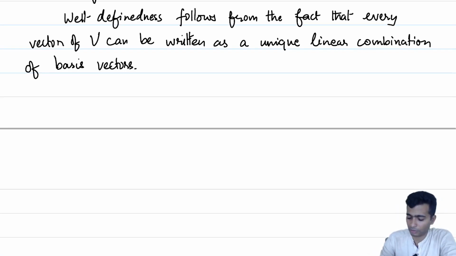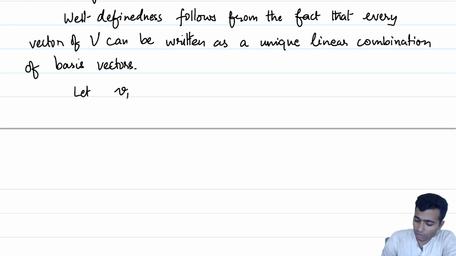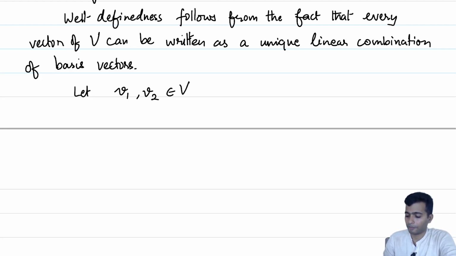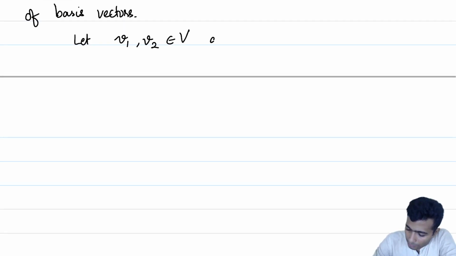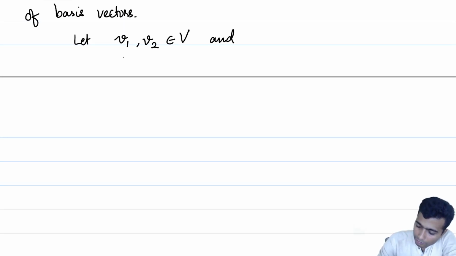So let's just quickly check that. So let V and V prime be vectors in capital V. We would like to check that T of V plus V prime is T V plus T V prime. And let's give some expressions for this.